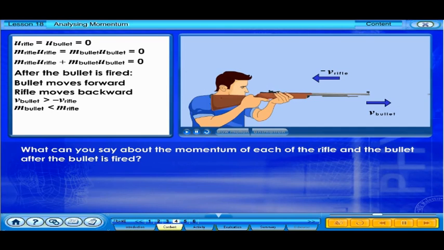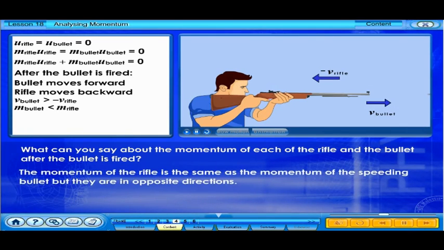So, what can you say about the momentum of each of the rifle and the bullet after the bullet is fired? The momentum of the rifle is the same as the momentum of the speeding bullet, but they are in opposite directions.